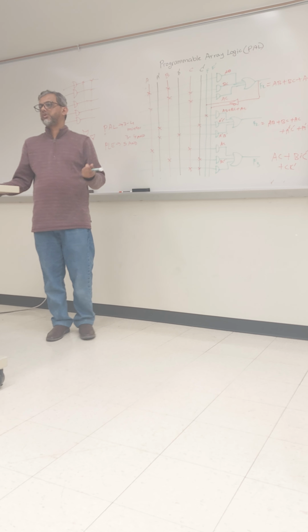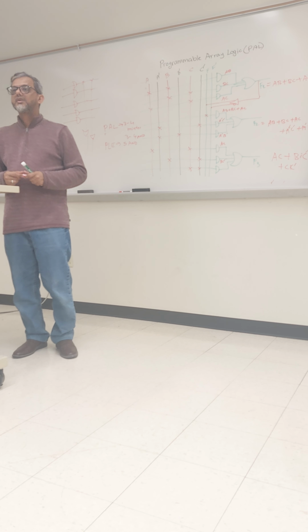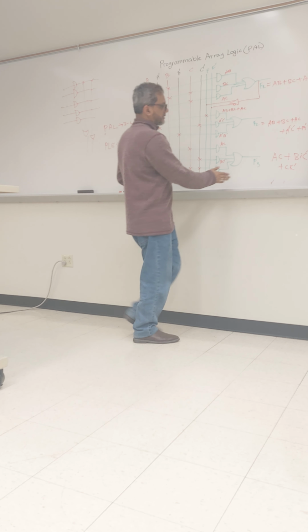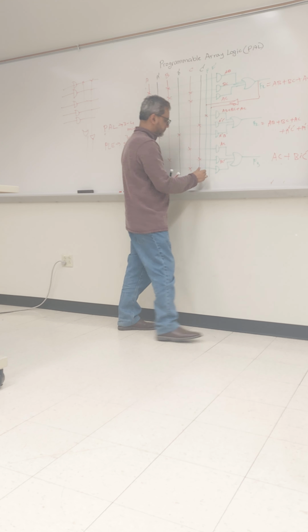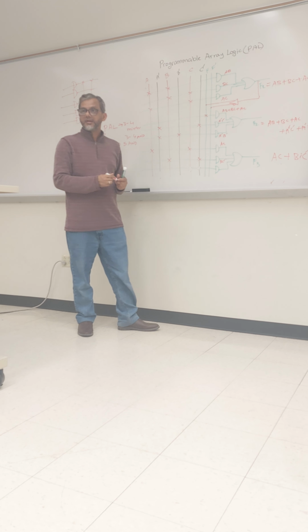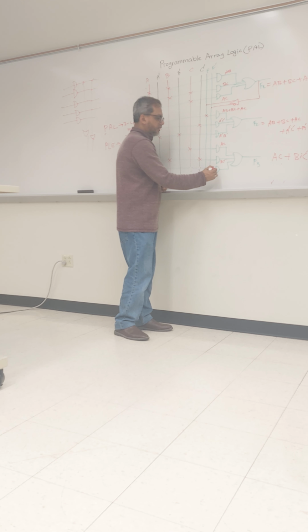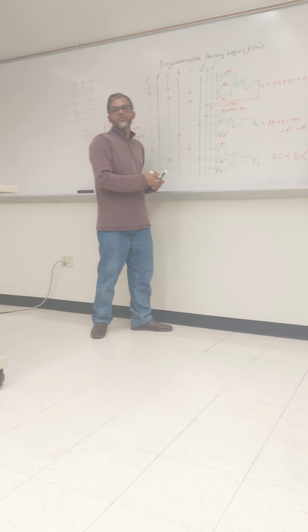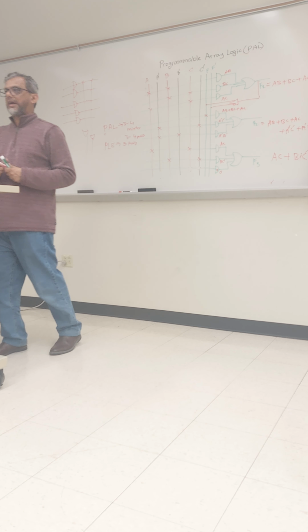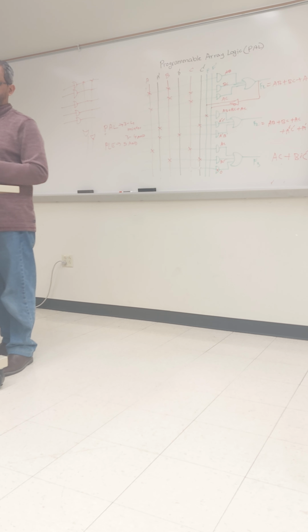So CC bar will be 0. Sometimes, for example, we don't have this one. Then we can say we are not using this. Output of this one is 0, and then actually CC bar also gives you 0.